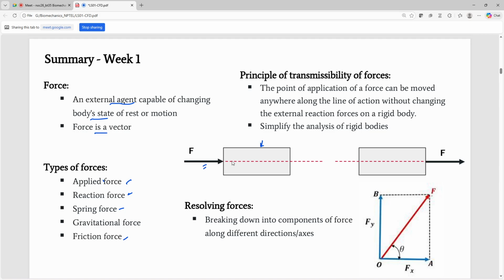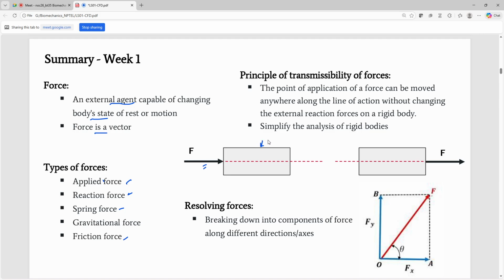The principle of transmissibility says that this force can be moved anywhere along this line without changing the external reaction on a rigid body. So we can move this force anywhere along the line of action without any consequences. That is called the principle of transmissibility of forces.